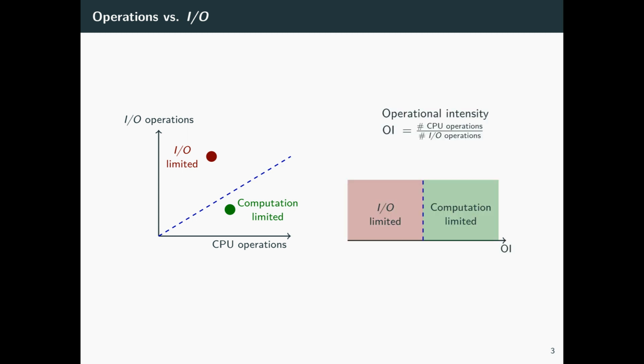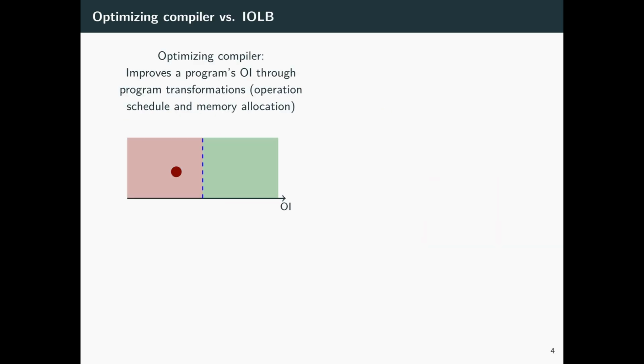memory. This can be represented on a single dimension using operational intensity, or OI, which is the ratio between these two quantities. If a program's operational intensity is low, then it's going to be I/O limited, and if it's high, it's going to be computation limited. The way you usually think about OI is that you have a program and you want to improve it using some program transformation.